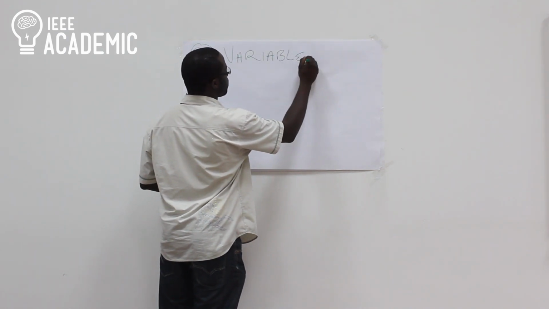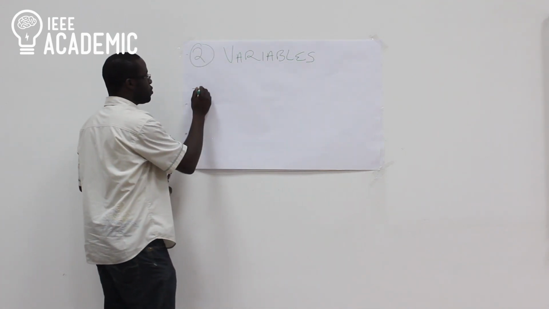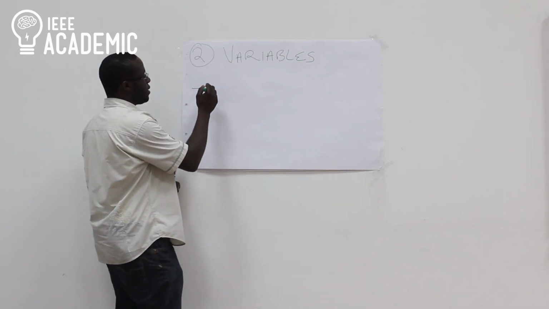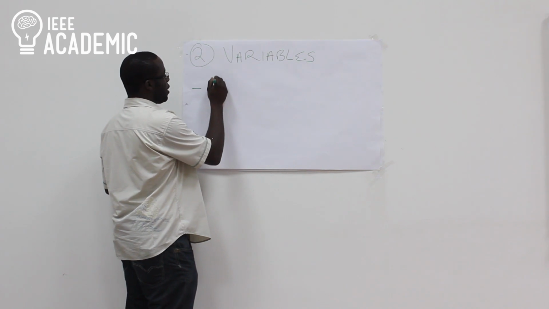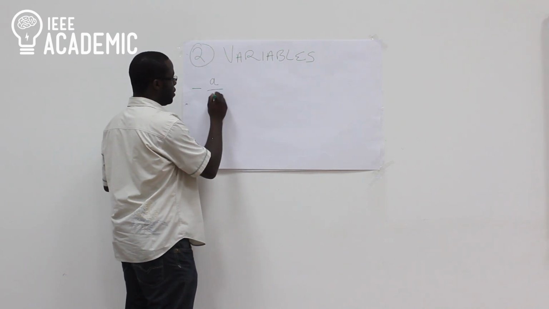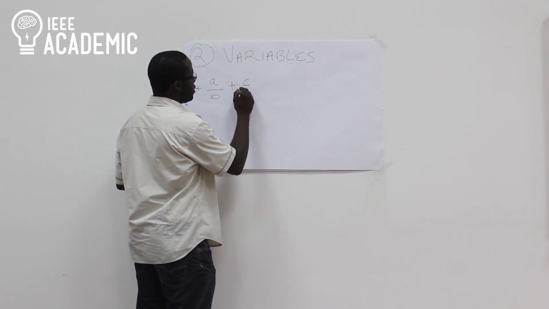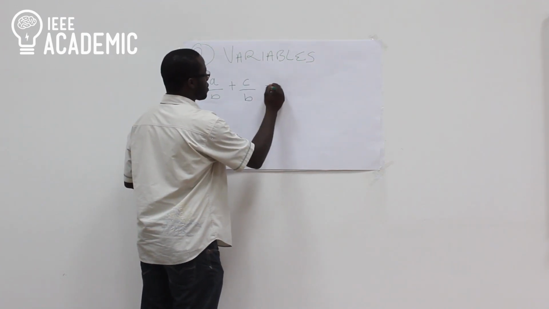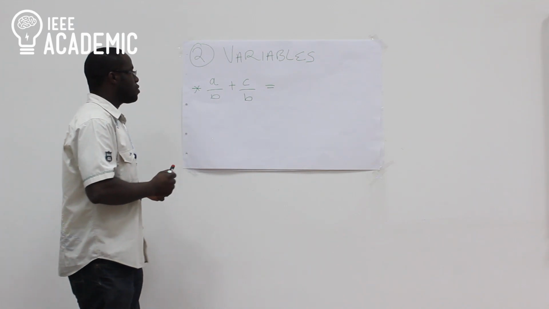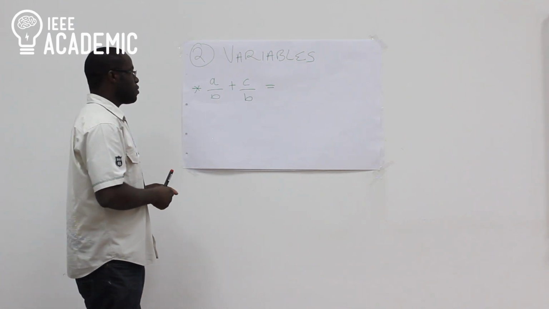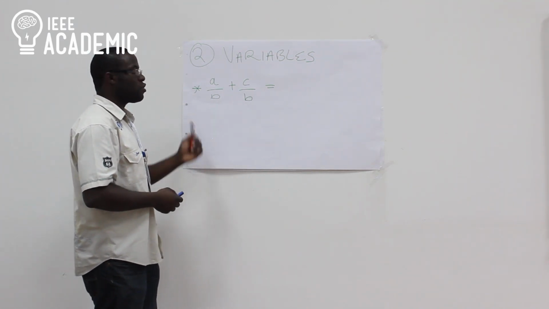To start with, we would consider an equation where you would have A over B plus C over B. In order to add these two fractions together, you would consider the denominator first.